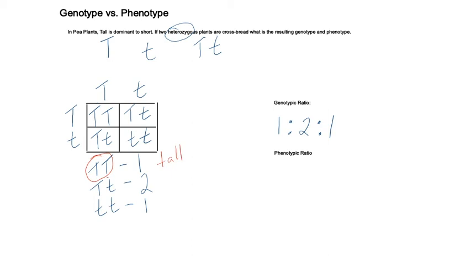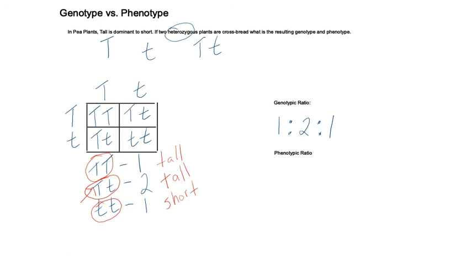Now looking at my second genotype, big T, little t, and knowing full well that tall is always dominant to short, since I have this big T in my second genotype, that is going to show outward physically as also tall. The only way that I'm going to have a short pea plant is if I have this third scenario, which is two little t's, homozygous recessive. So in this case, I have a short pea plant.